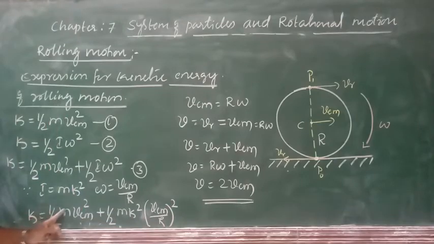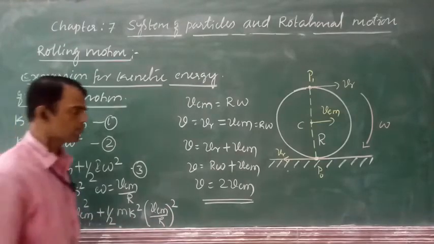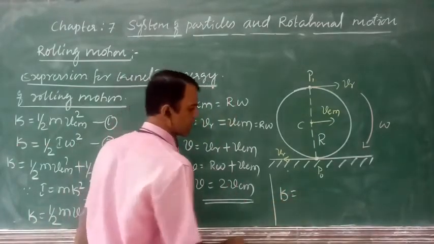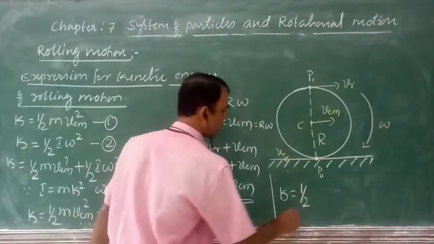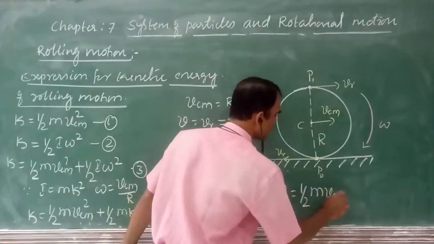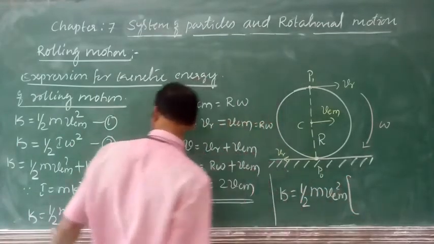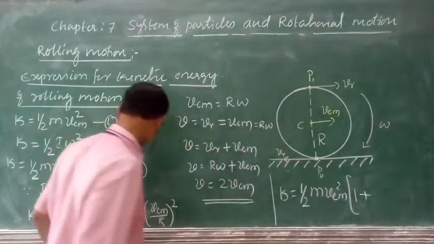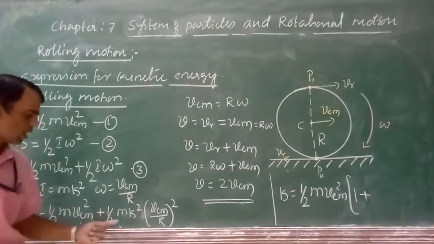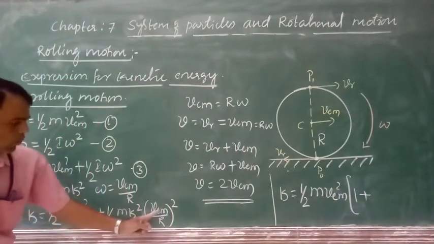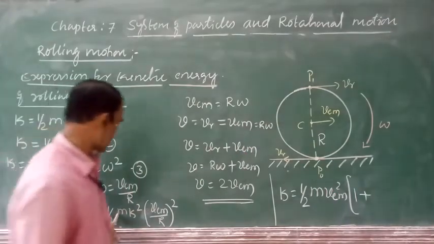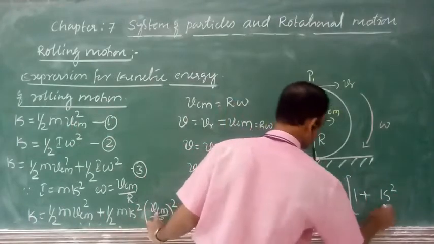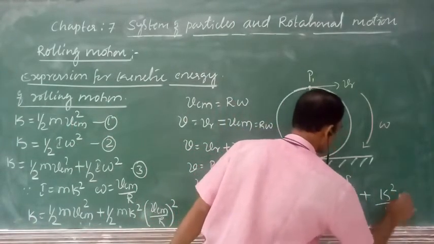If I take half m Vcm square as a common factor, then what is left is 1 plus k square, in the numerator, divided by r square.